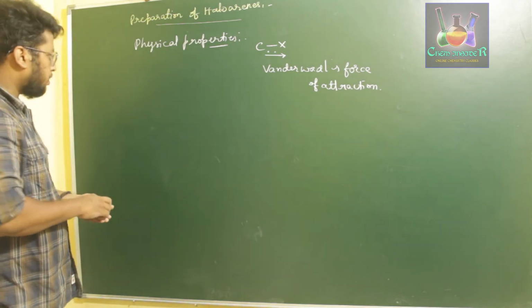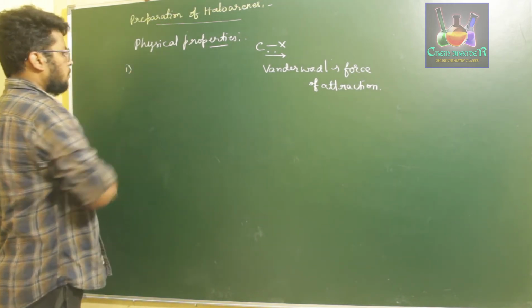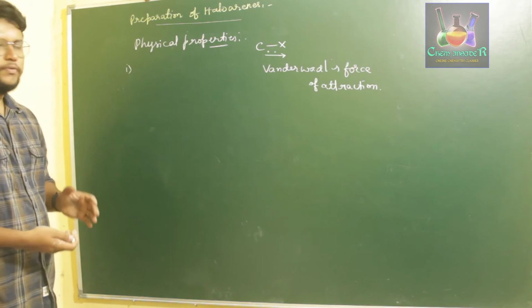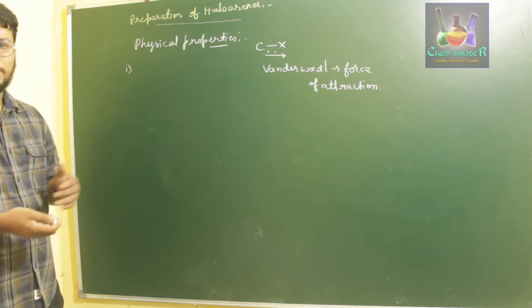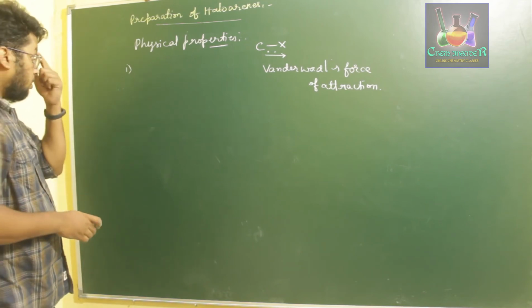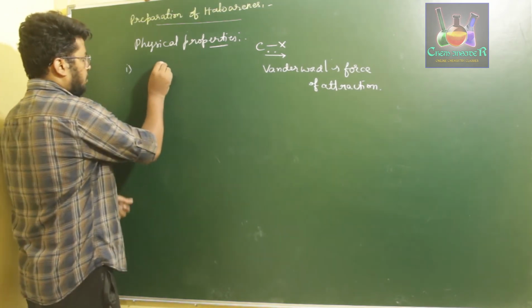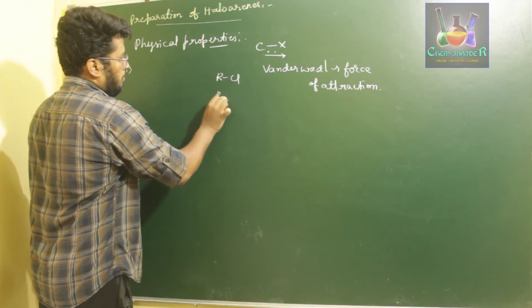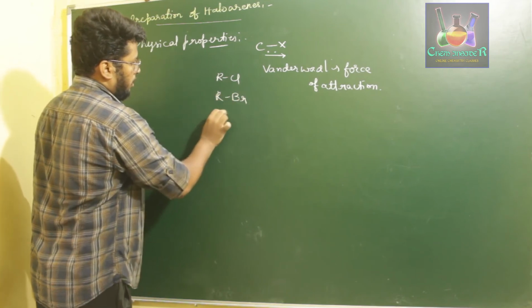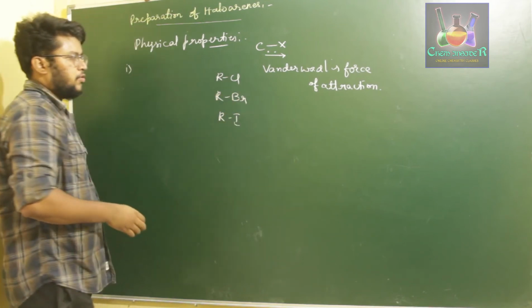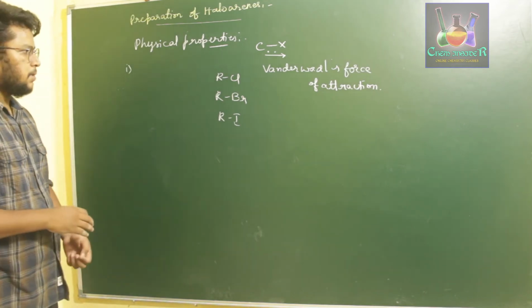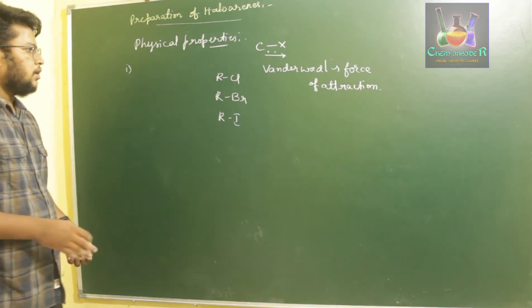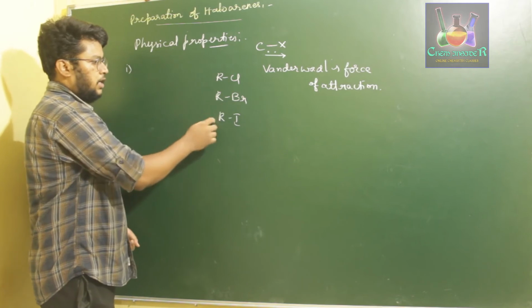The first point is the relative strength of R-X with respect to its respective halogens. So if you observe the halogens in the case of RCl, RBr and RI, we don't usually consider RF because it is rarely found. Now we use RCl, RBr and RI.